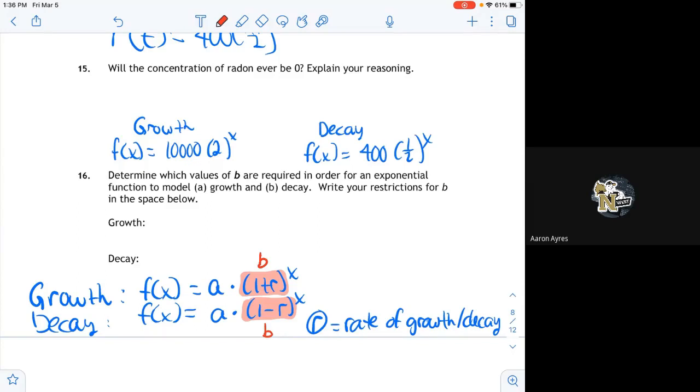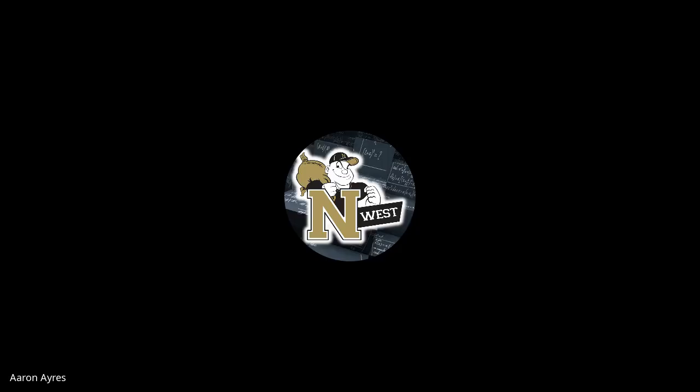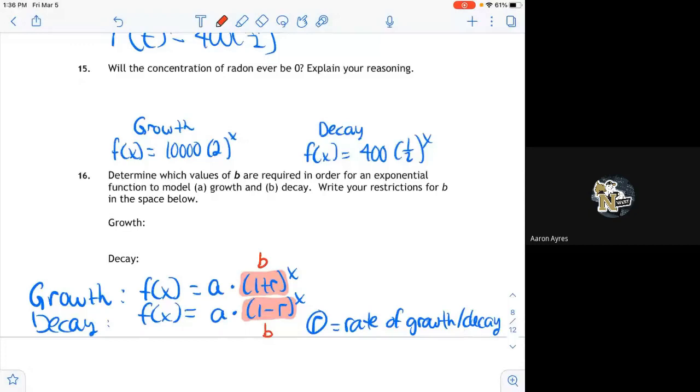Yeah, you can be big groups all together, sure. For each case, B has to be in your inequality, okay? Green and yellow are decay, red and blue are growth.